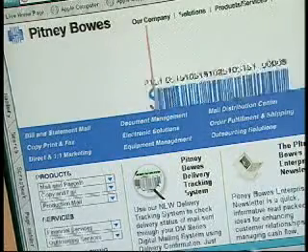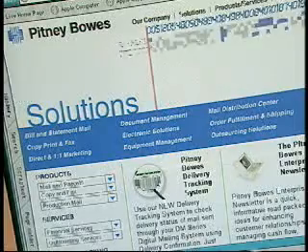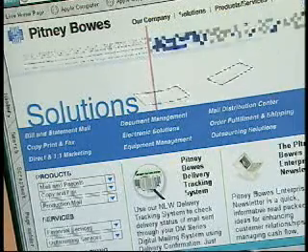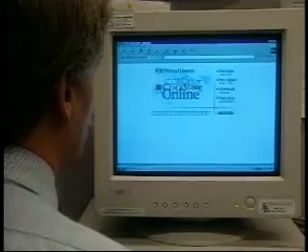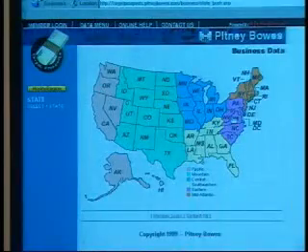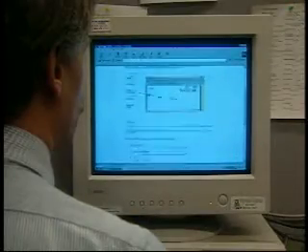But first, some background on the lead user study conducted at Pitney Bowes that will be used for illustration. Pitney Bowes is a global provider of systems, software, and services to help businesses of all sizes manage their mail and messaging. In 1999, James Eichner, Vice President of Advanced Technology at Pitney Bowes, initiated a lead user study to identify new e-commerce opportunities.